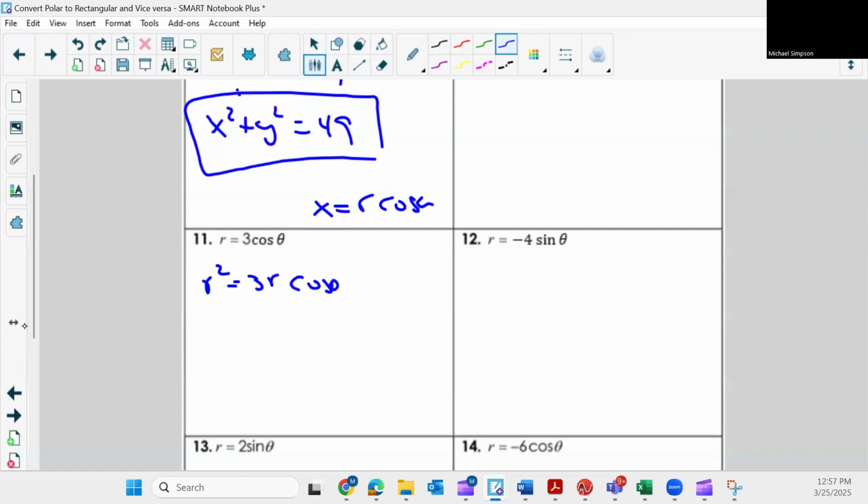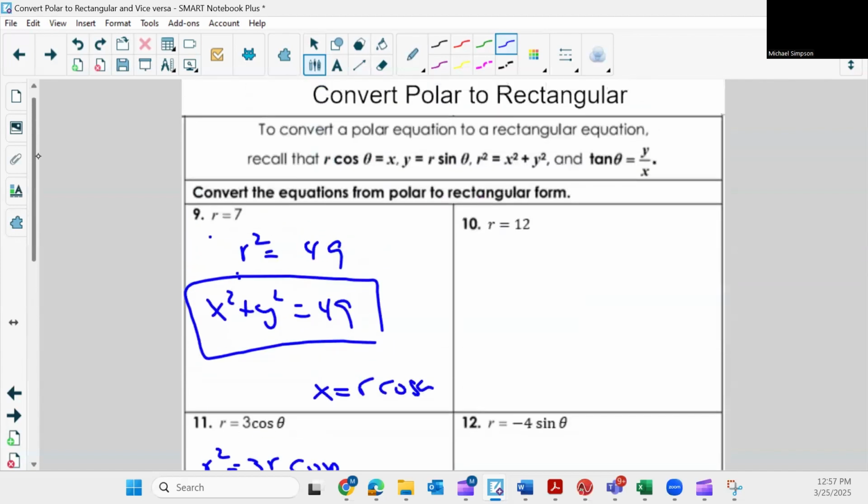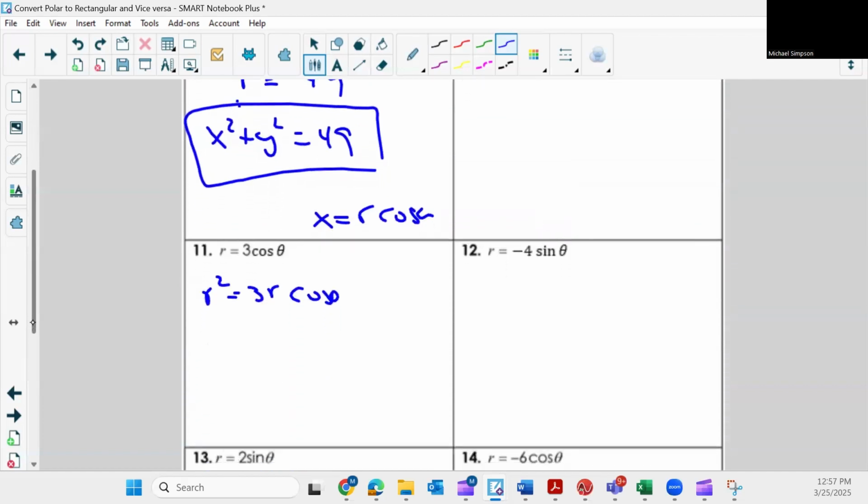It's an algebraic manipulation. I want to get rid of cosine. Remember, I'm going from polar to rectangular. I can't have any cosine, but I know that r cosine theta is equal to x. So if I can get an r here, I can replace that with x. To do that, I'll multiply both sides by r.